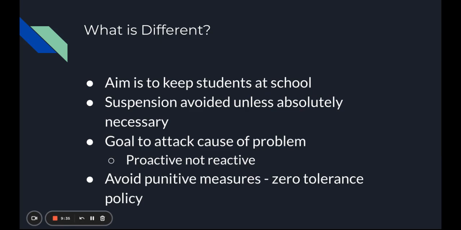Again, we want to equip students with the skills and abilities to deal with problems on their own, making them aware of what is and isn't acceptable within the classroom and within the school as a whole. Trying to keep students within school and give them chances to work through problems on their own.